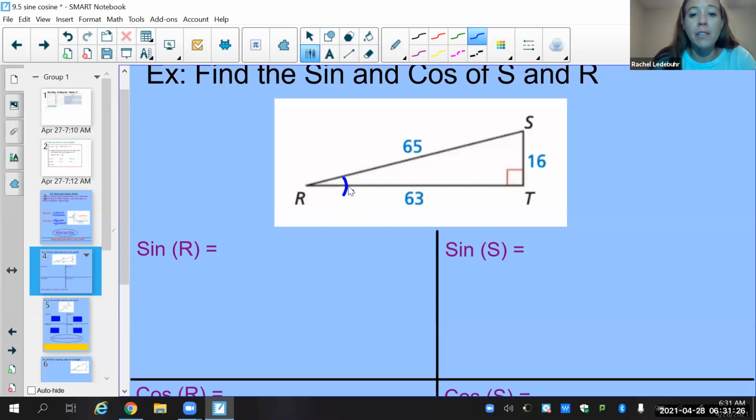And if I want the opposite, I get 16. So I'm 16 over the hypotenuse, 65. For the sake of this, we're going to leave this in fraction form. You can also find that as a decimal and punch it out. Totally fine. Actually, let's do that just to make sure. 16 over 65 is 0.25 about.